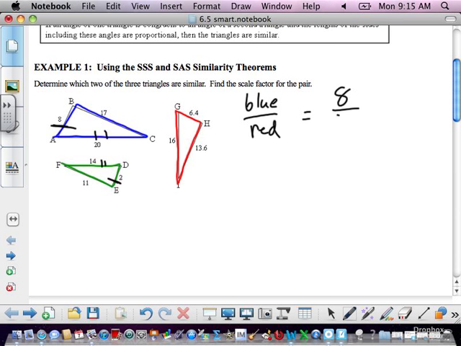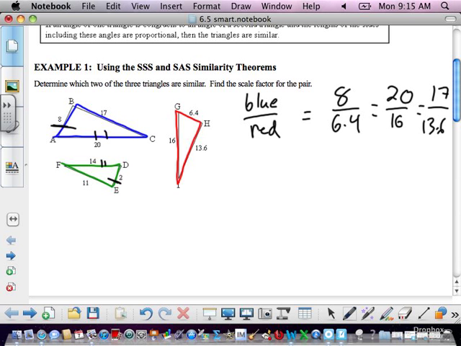G H, 6.4. Okay, A C is 20. What's the corresponding side for that? 16. And B C is 17, so the leftover corresponding side is 13.6. Okay. So instead of reducing all these, I'm just going to divide and see if they're all the same.